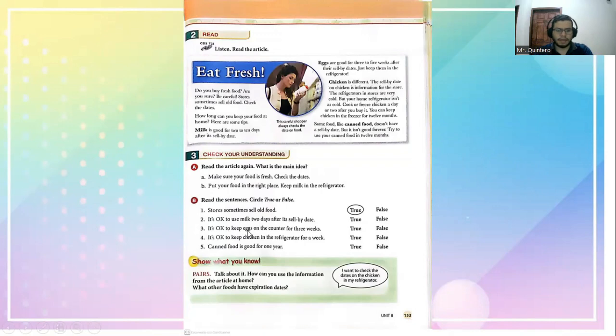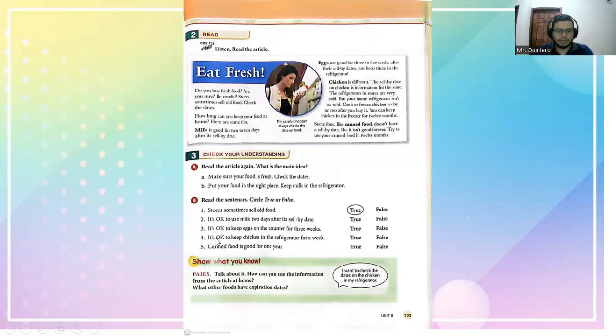Okay, the number 2, it's okay to use milk 2 days after its sell-by date. What do you consider? Yes, right. It's true. It's good for 2 to 10 days after its sell-by date.